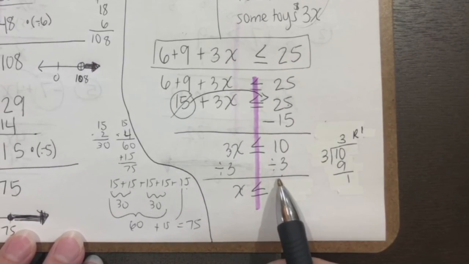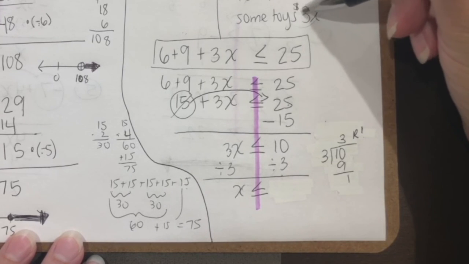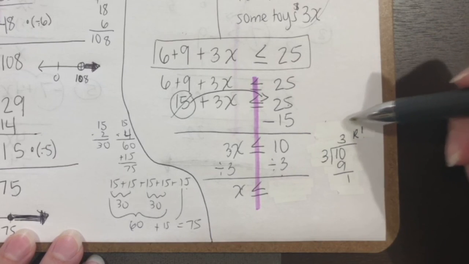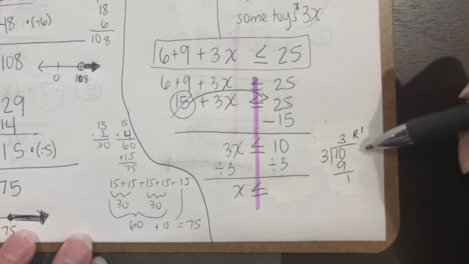So remember back up here, it's $3 per toy. So can she buy 3-point-something toys? Can you buy part of a toy? No, you can't buy part of a toy. You can only buy a complete toy.